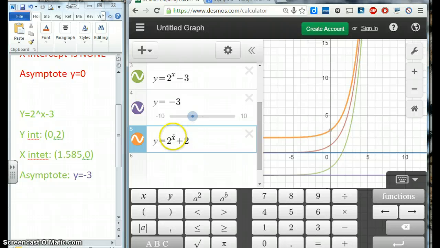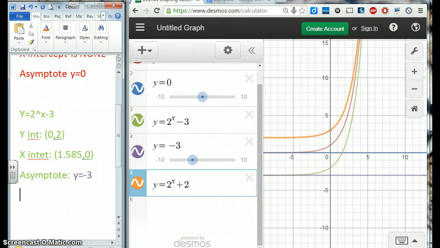So this one basically says get the original, the basic function, which is this one right here, and move it up 2 spots. There it is, see? So get the original one and move it up 2 spots right here.